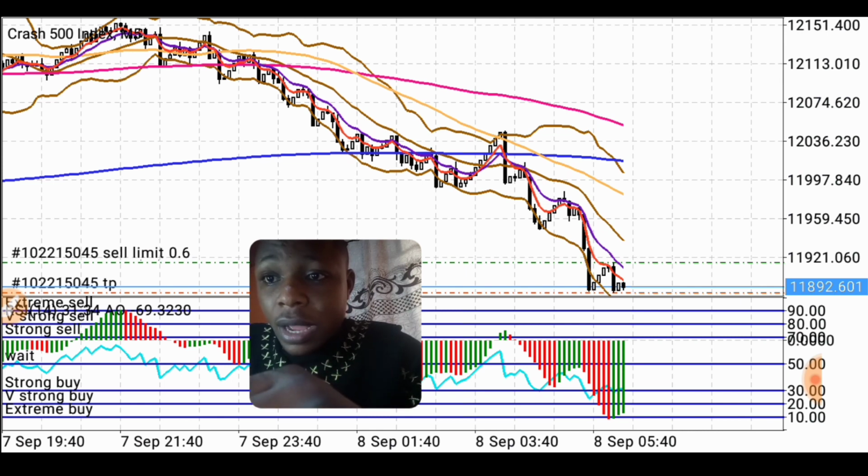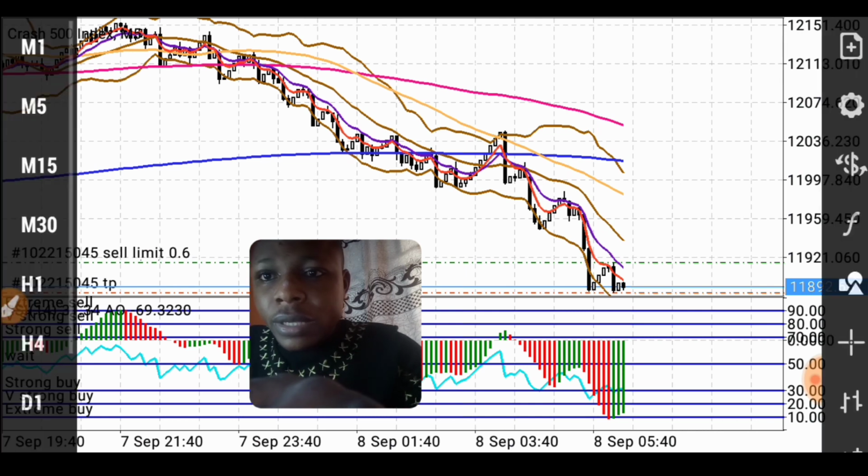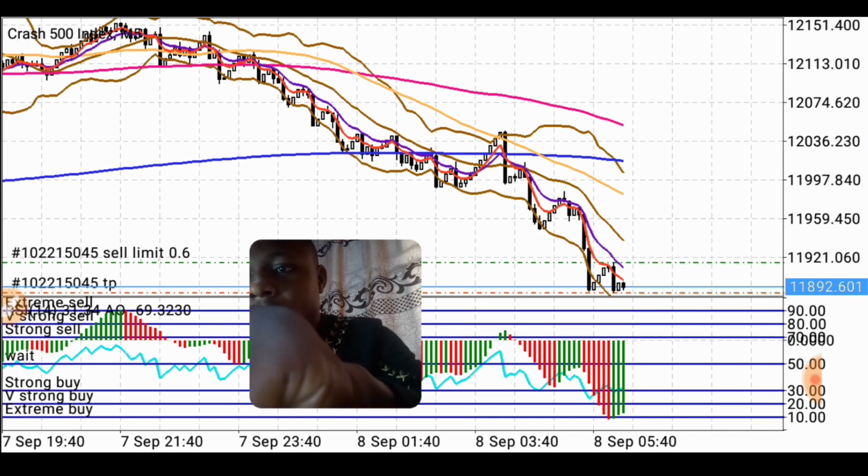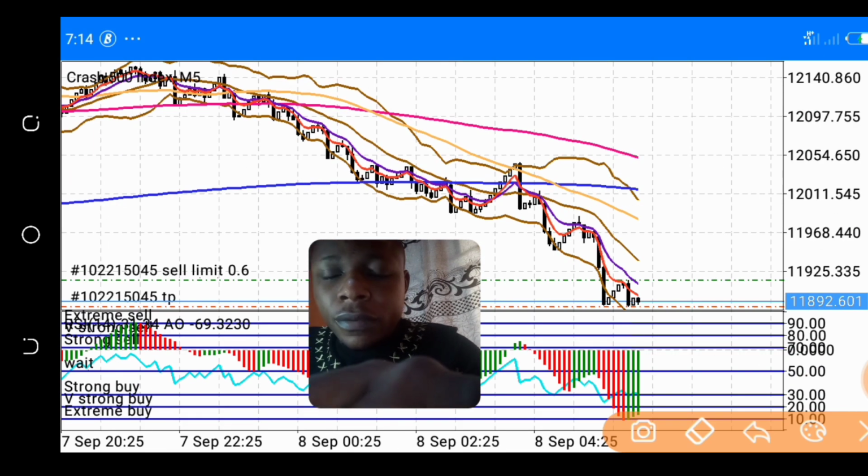Moving averages are majorly used by markets for pullbacks or for resistance and supports. For example, on a trending market, the moving average 5 and 10 is very good for trending markets. See this moving average 5 and 10.